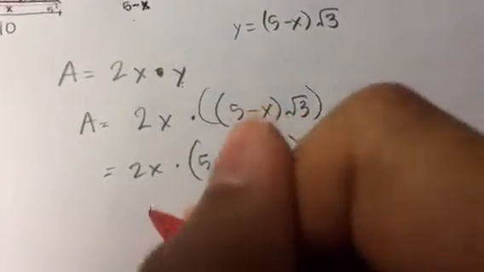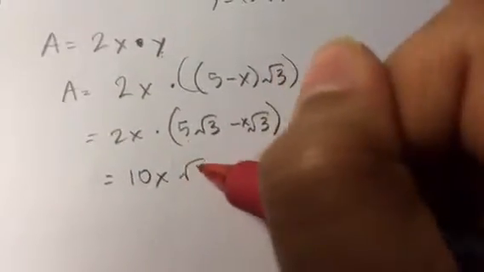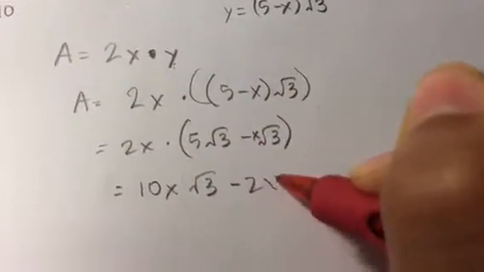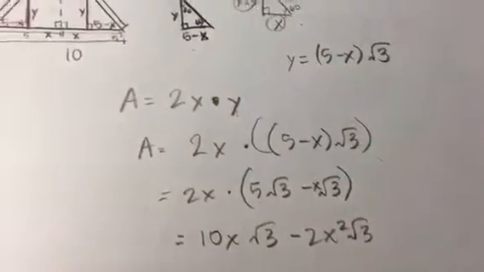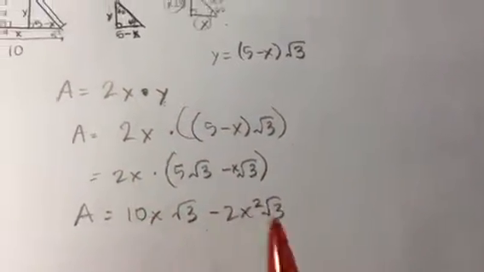And here we'll get 10x rad 3 minus 2x squared rad 3. This gives us our area formula.